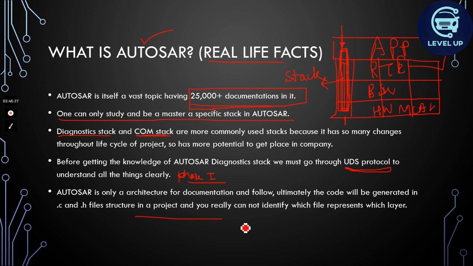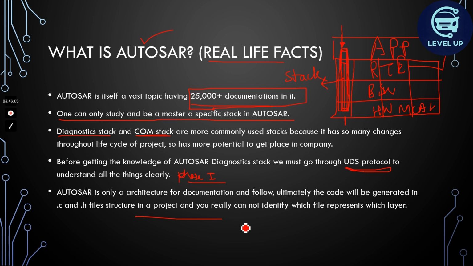That's where the engineering comes in. We are learning AUTOSAR for exactly that use. By seeing the .c and .h files and the calls and all those things, we need to identify for which application and which layer a particular .c file or function has been made.